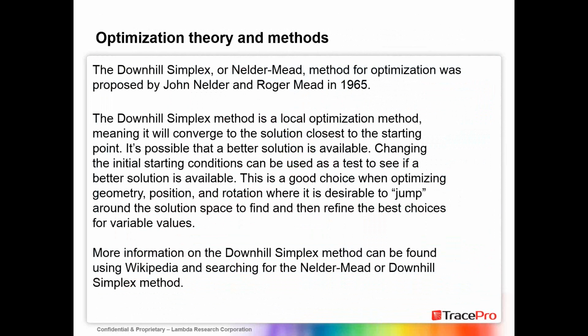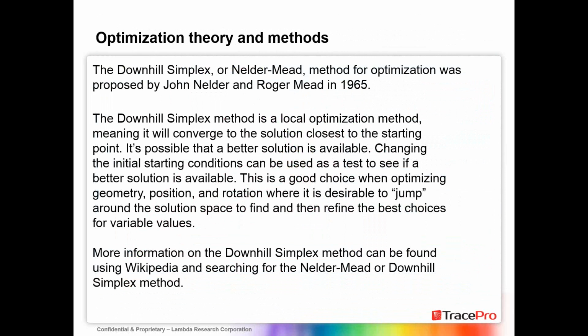It uses the downhill simplex or Nelder-Mead method for optimization, which was first proposed by John Nelder and Roger Mead in 1965. The downhill simplex method is a local optimization method, meaning that it will converge to the solution closest to the starting point. It's possible that a better solution is available, and changing the initial starting condition can also be used as a test to see if a better solution is available.